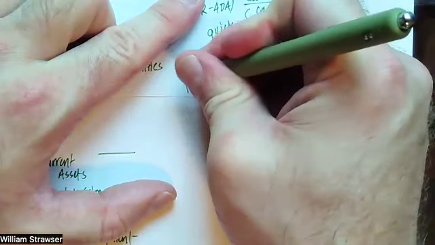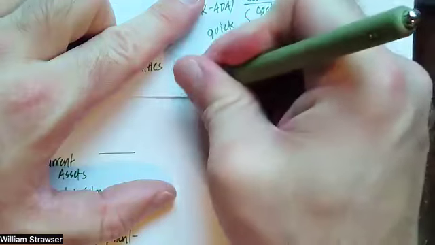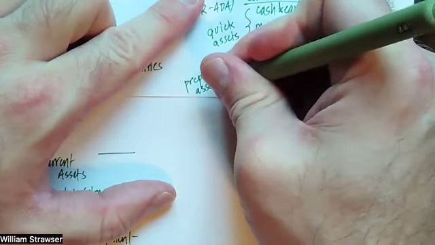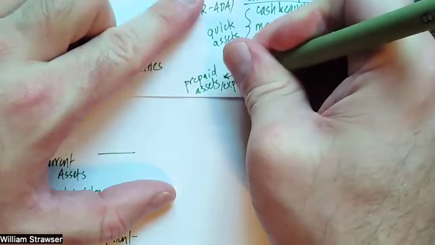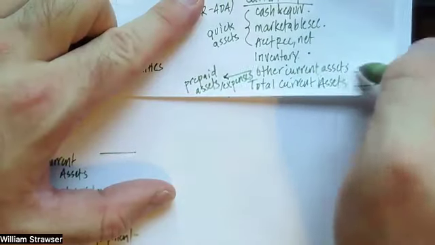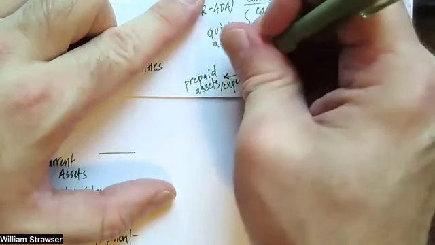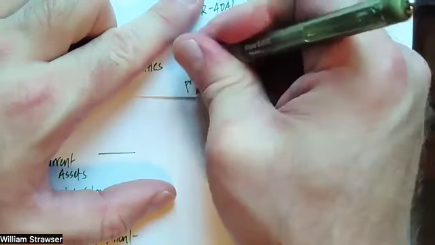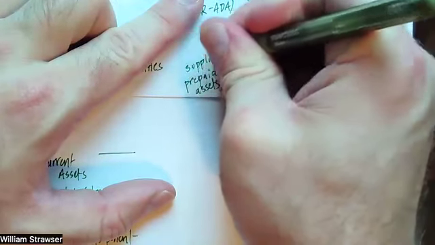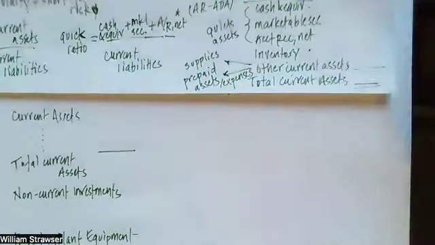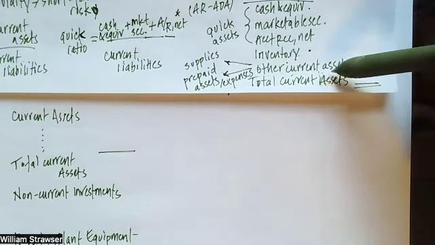Prepaid assets or prepaid expenses, which are different ways of saying the same thing, would go into other current assets. I usually don't do a supplies account on my exams, but office supplies, whatever, would be other current assets as well.